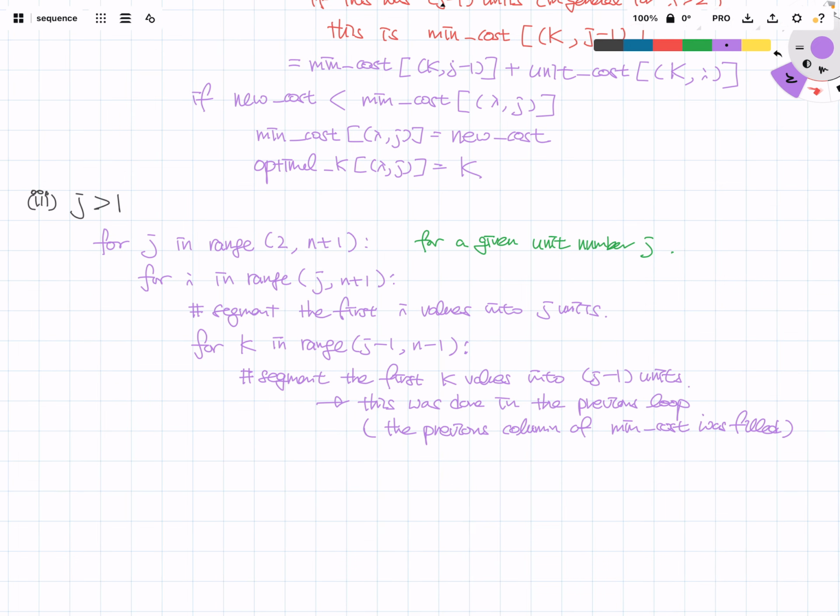So we can apply the same. So if we can find new cost, is the min cost splitting k values into j minus 1. And again, this is the previous column, right? j minus 1 column plus the last I. This is the last unit.